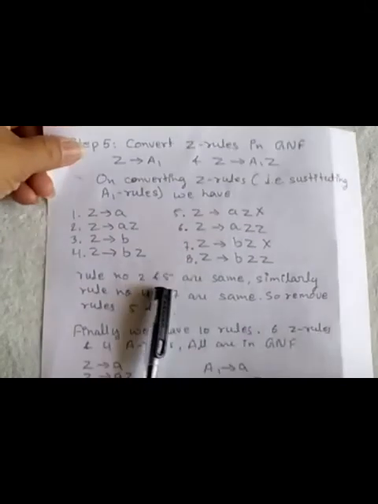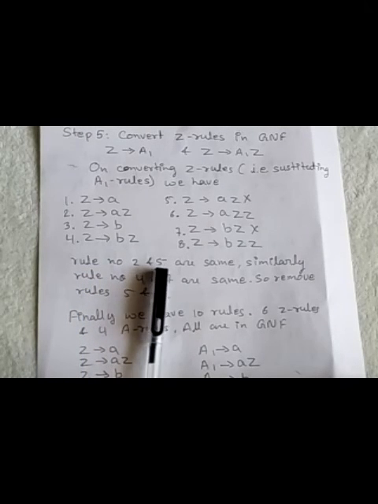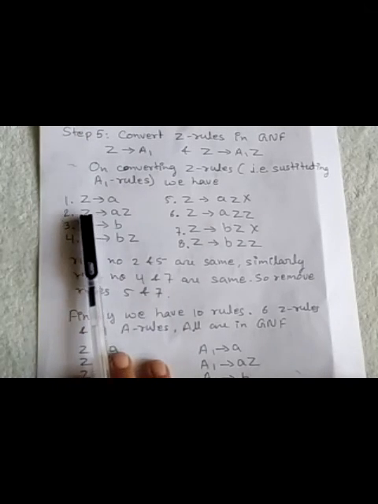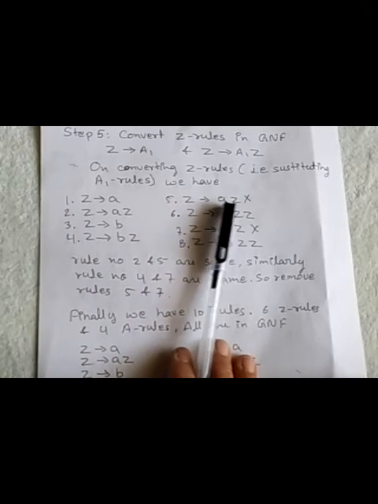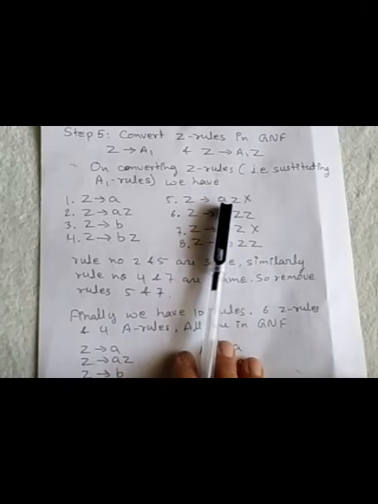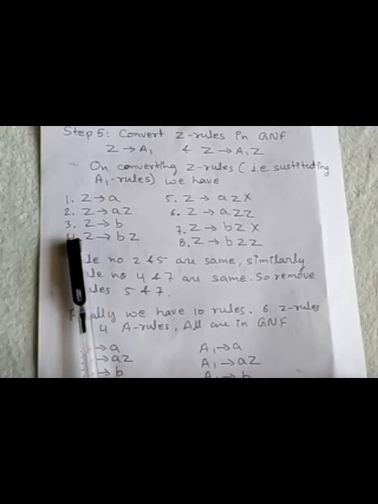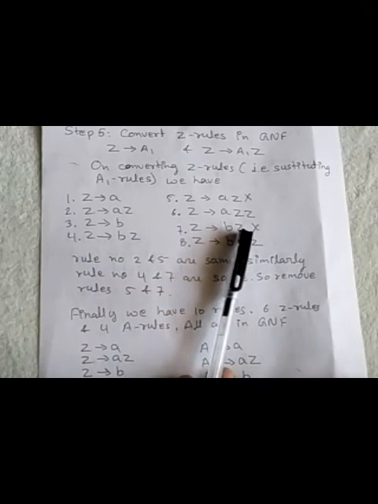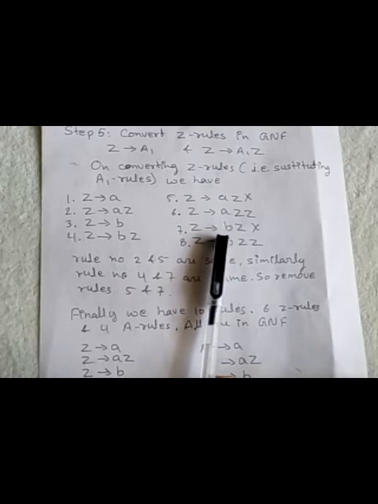Now in this, rule number 2 and rule number 5, Z tends to AZ and Z tends to AZ, both are the same. Similarly, rule number 4 and 7, Z tends to BZ and Z tends to BZ, are the same.